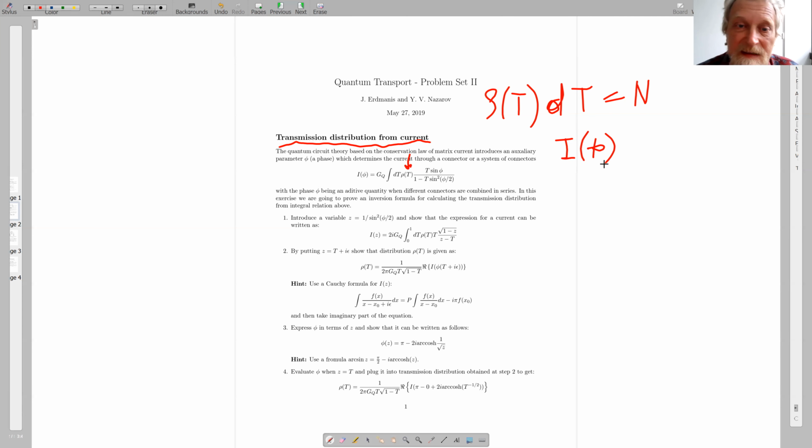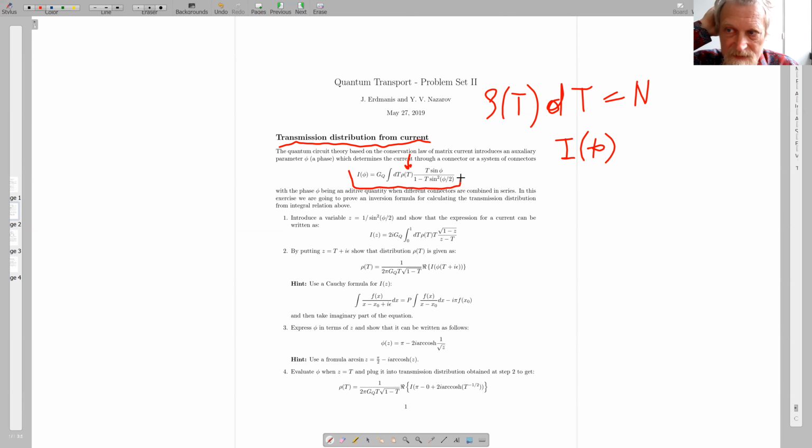And for any transmission distribution, we can determine the current as a function of phase for any given conductor. Then, for instance, we combine these conductors and we compute the I-phi characteristics of the whole circuit. That's good. But what we usually want is the transmission distribution.